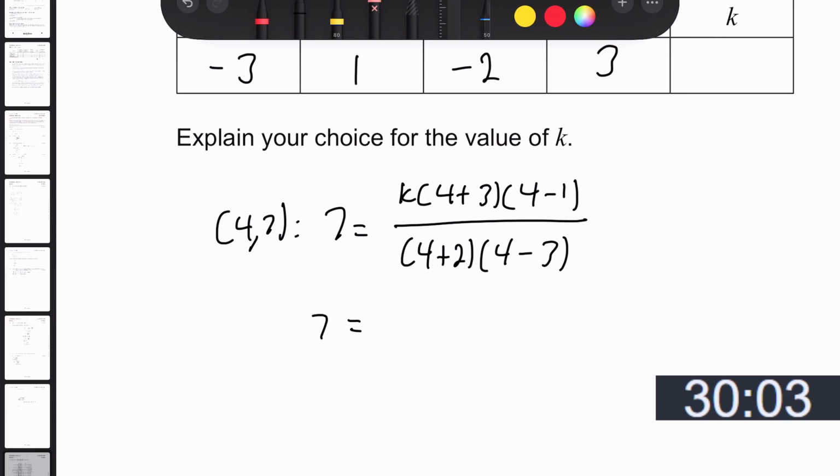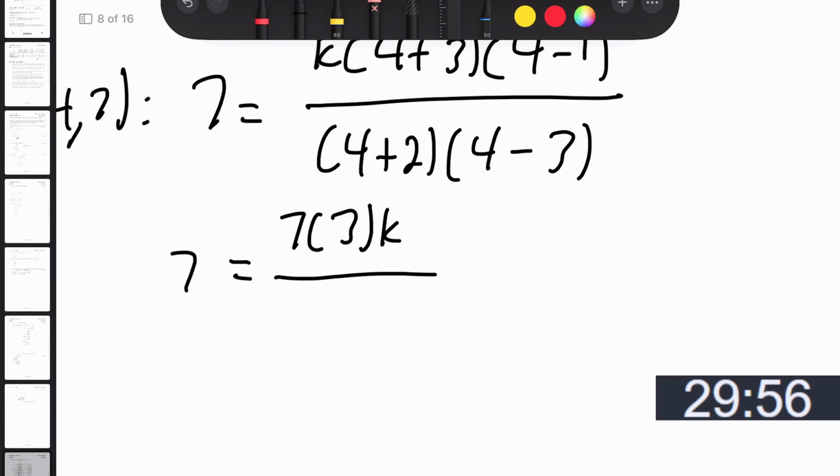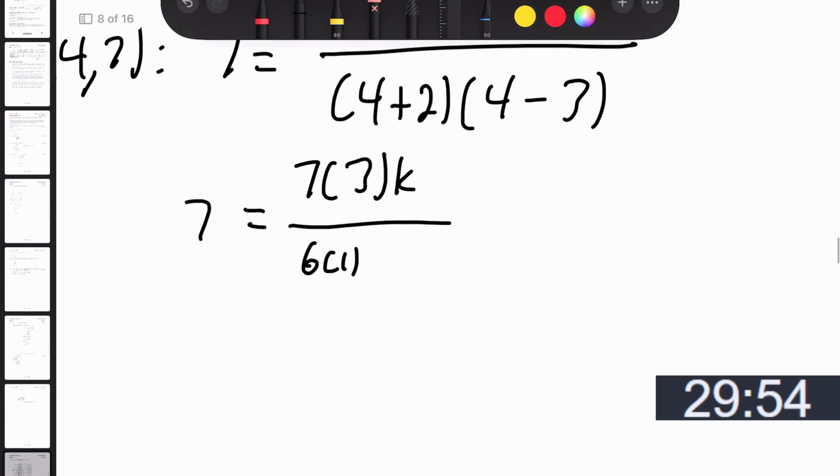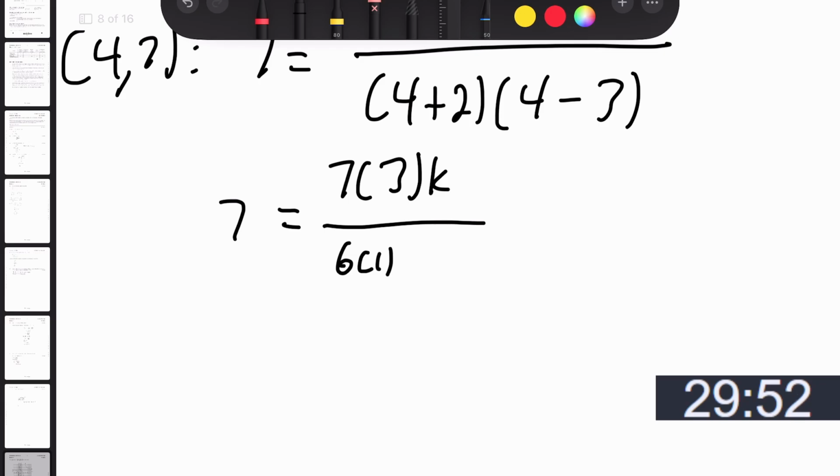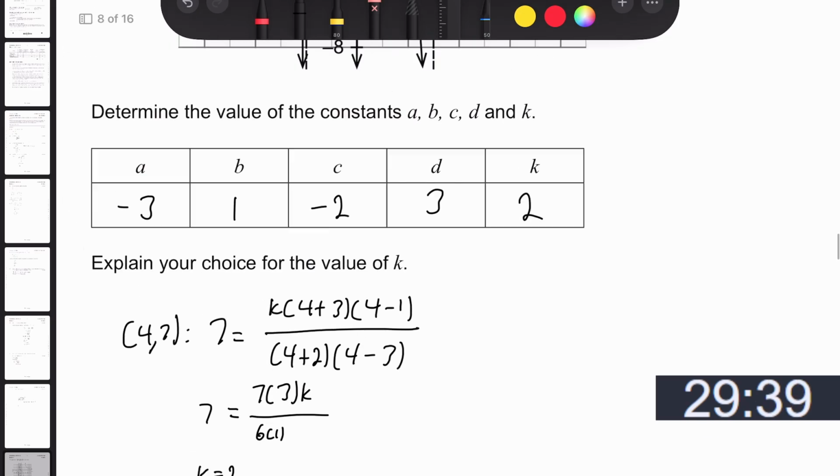So 7 is going to be equal to 7 times 3k all over 6 times 1. So then let's do 6. These 7s will cancel. When I multiply by 6 divided by 3, I'm going to have k equal to 2. K is 2.